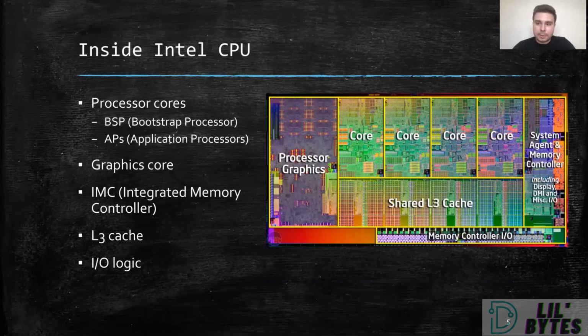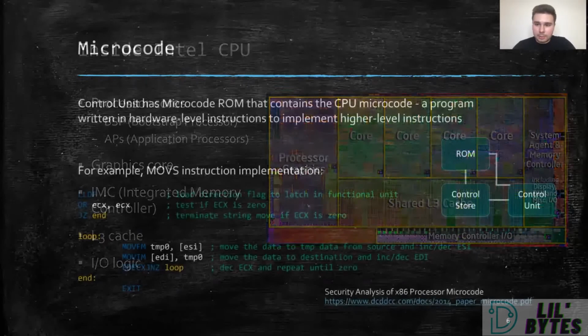The application processors, which are started by the bootstrap processor when ready and needed. An optional graphics core, an integrated memory controller, and a level 3 cache, which is shared between the cores. Also, the CPU can contain some input-output logic.